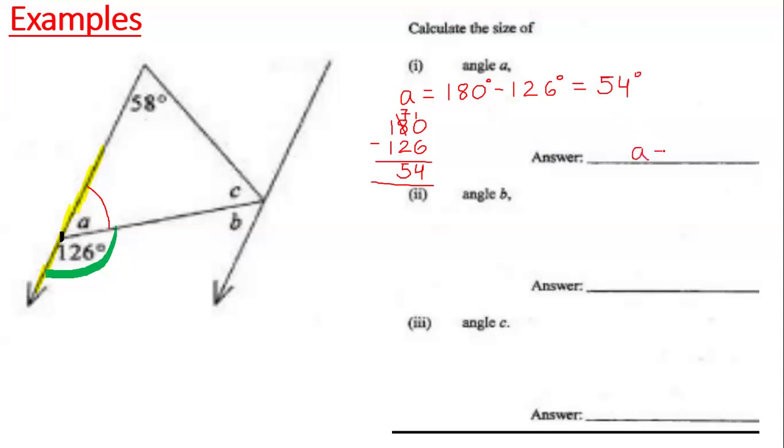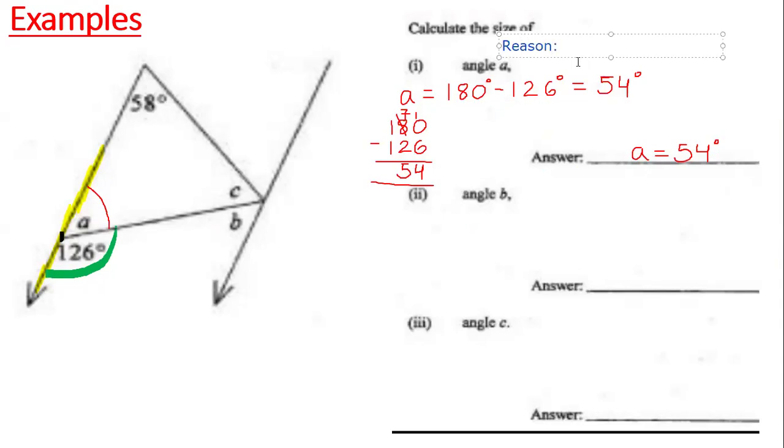Understand that piece. What's the reason? Because angles on a straight line at a common point add up to 180 degrees. Very good. So let's put that reason there. Do we write the reason?